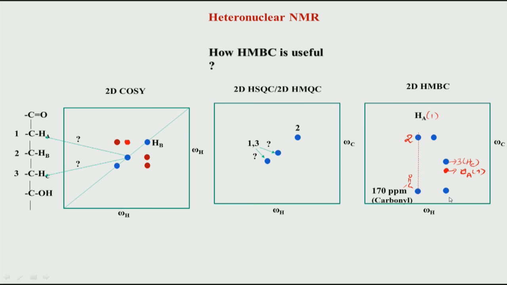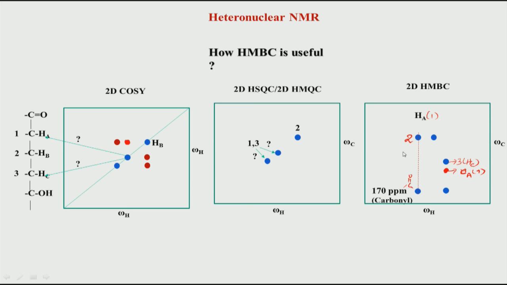There may also be a correlation to the carbonyl, which is far away, but this peak may or may not come, it does not matter to us, because remember we are only focusing on the assignment of 1 and 3. The problem was 1 and 3, and that is now resolved using this HMBC spectrum, which gives me this information.